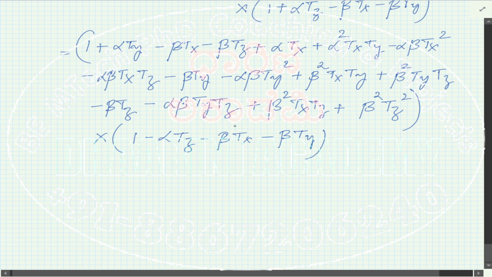This is equal to, now 1 into 1 is 1. Every term should get multiplied with this, then only we will be able to simplify. Every term is getting multiplied with 1, so this whole expression will come in place.